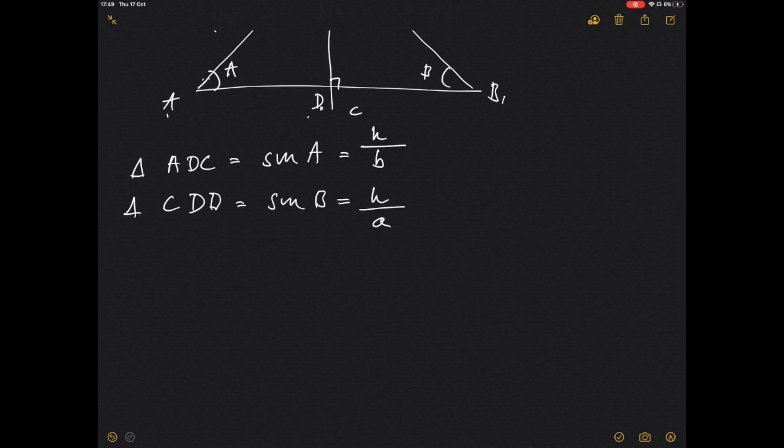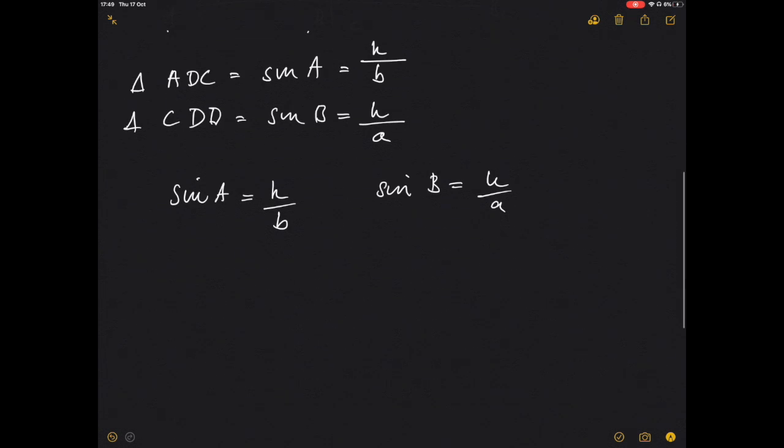We then have two equations. Sine A equals h over b, and sine B equals h over a. So here we get some simultaneous equations like we did last week. We can say that b sine A equals h, and a sine B also equals h.